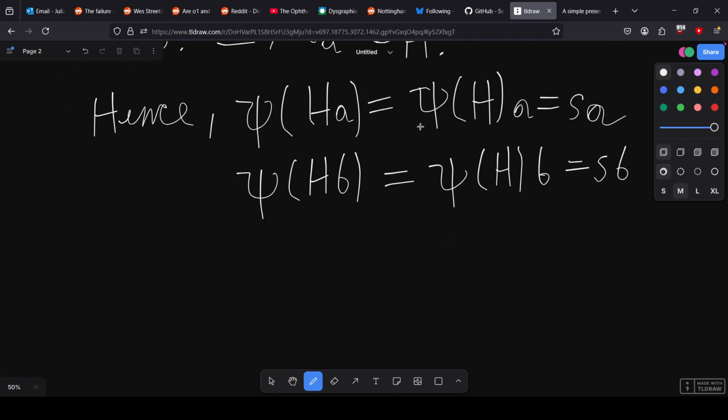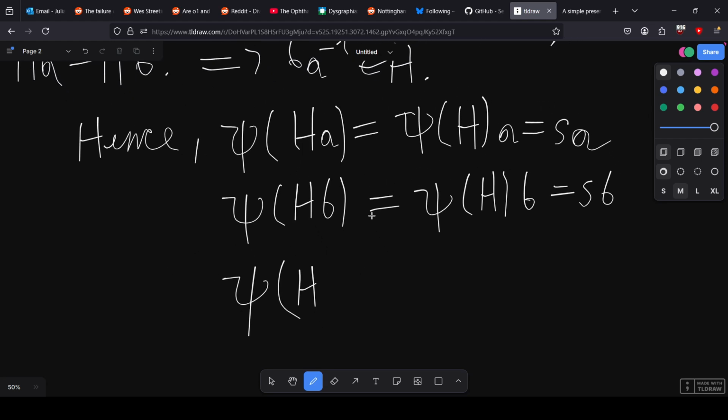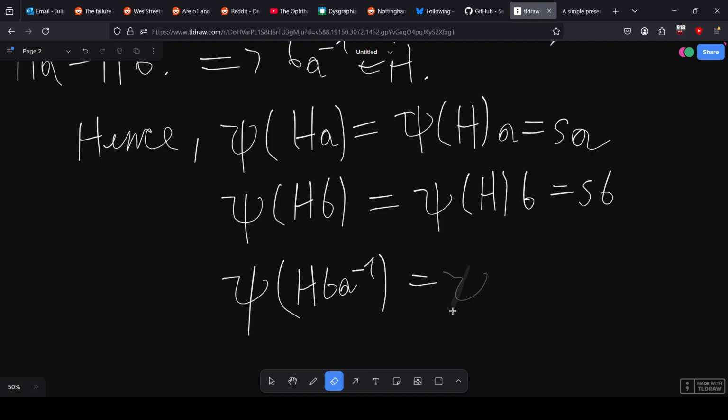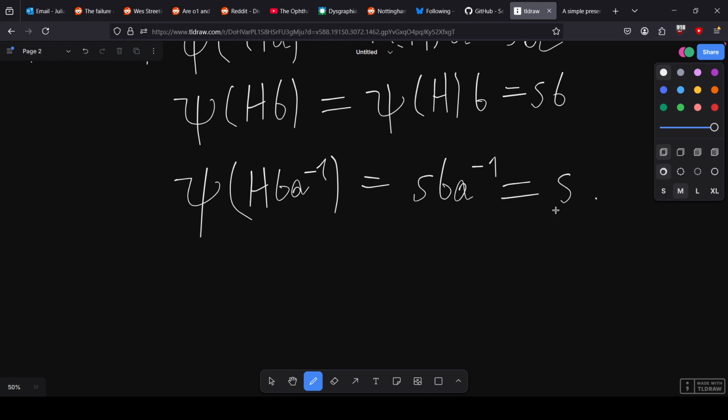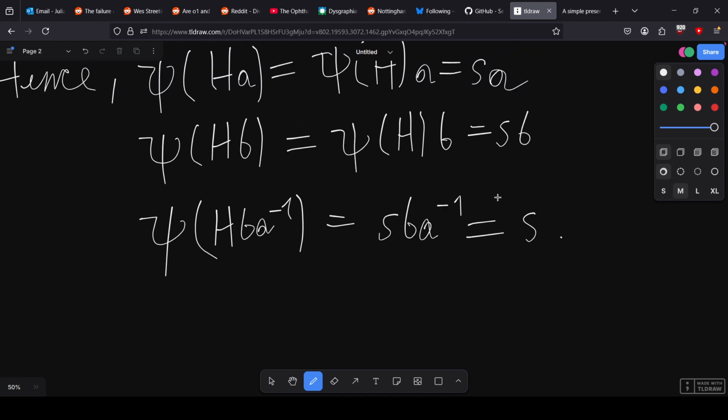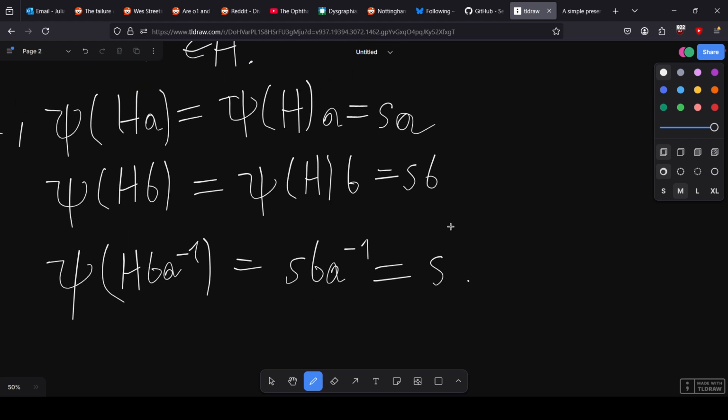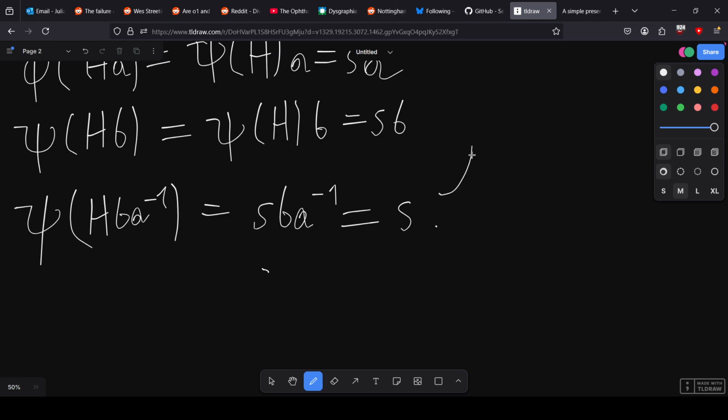However, notice that because we have that ba minus 1 is in H, this must give us that s is fixed. Therefore, the action of ba minus 1 on the other set must be trivial. But that means that sa is equal to sb, and we are done.